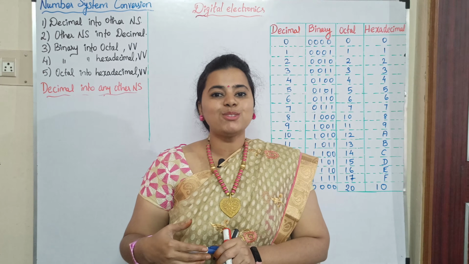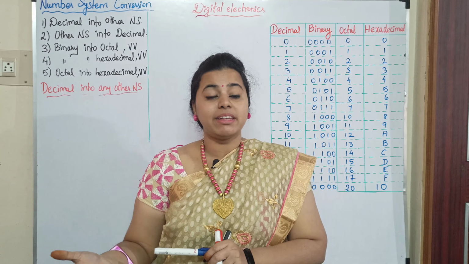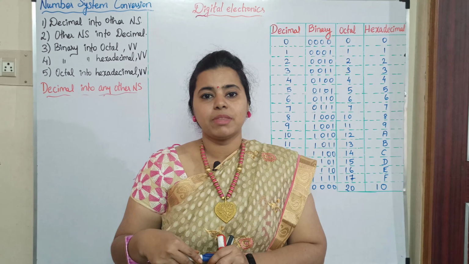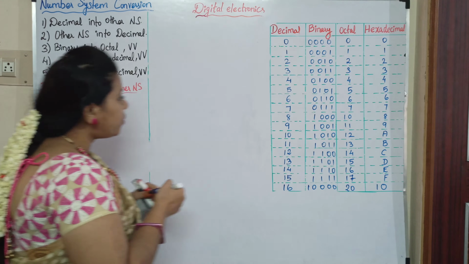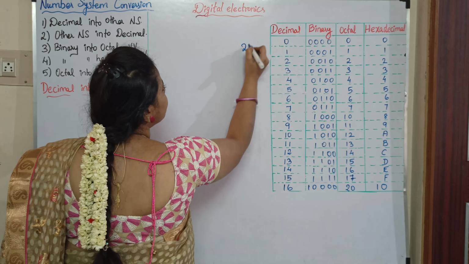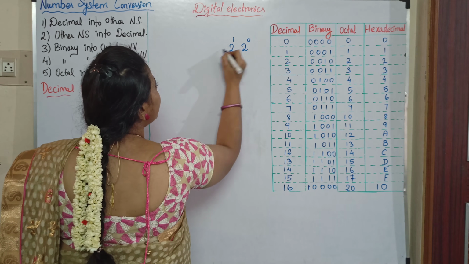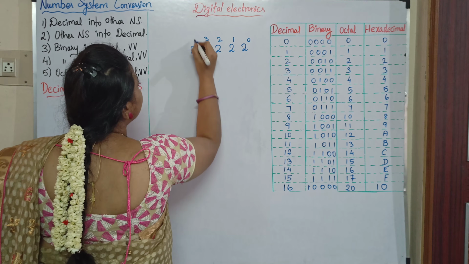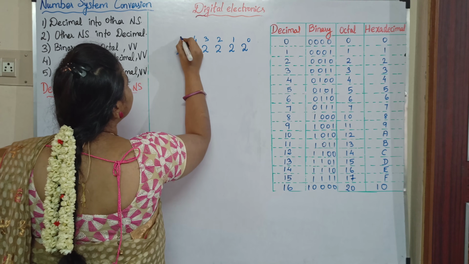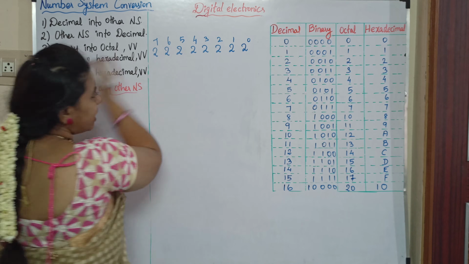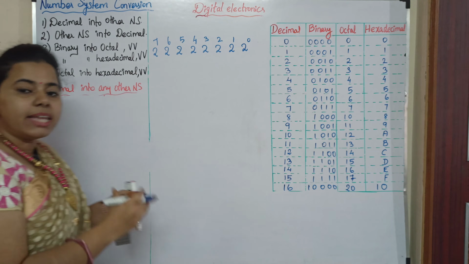One more method to convert decimal into binary is called descending powers of 2 and subtraction. In this method, you have to list the powers of 2: 2 to the power 0, 2 to the power 1, 2 to the power 2, 2 to the power 3, 2 to the power 4, 2 to the power 5, 2 to the power 6, 2 to the power 7 and so on.